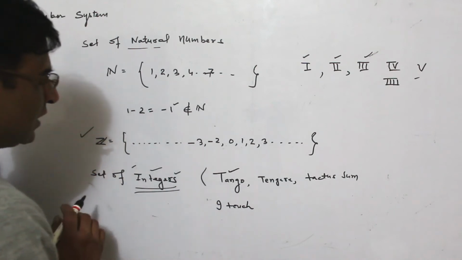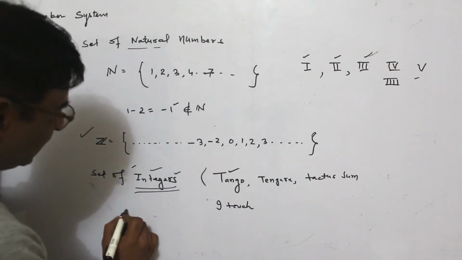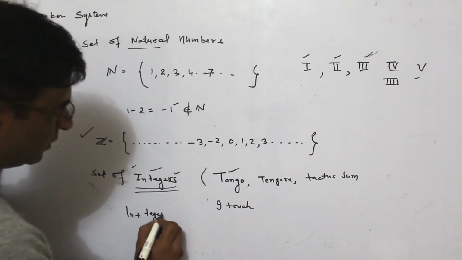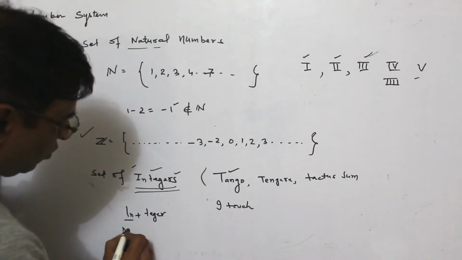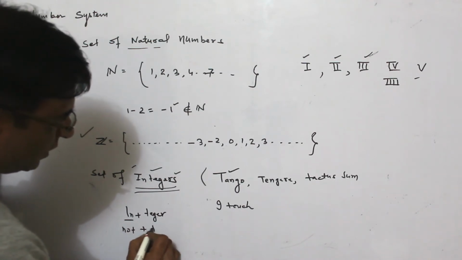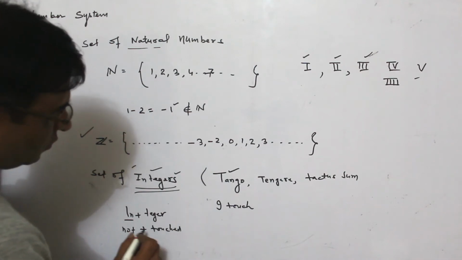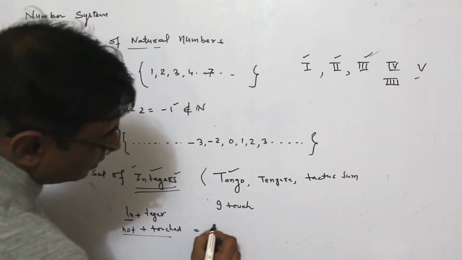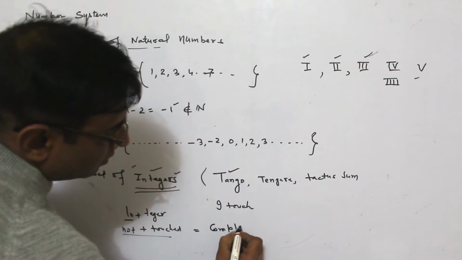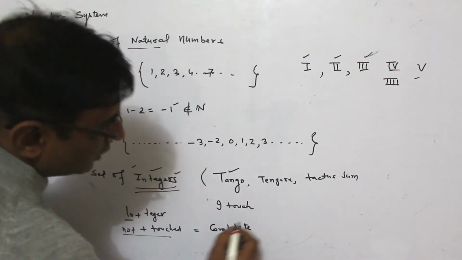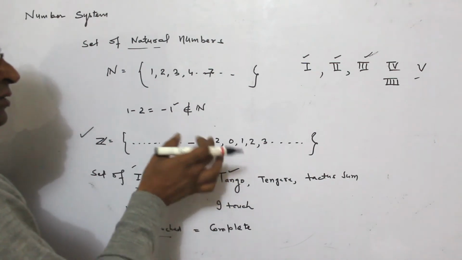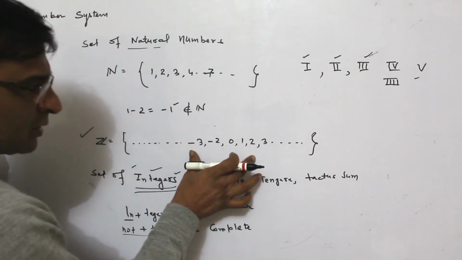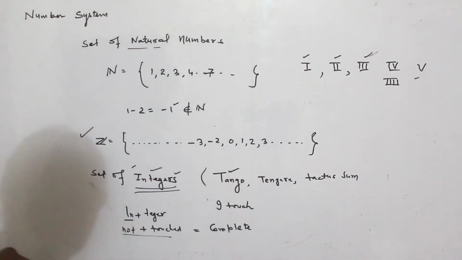Now integer can be broken up into in plus teger. In means not, and teger means touch, so not touched. Not touched means complete. So these numbers are complete, not fractions. They are the complete numbers.